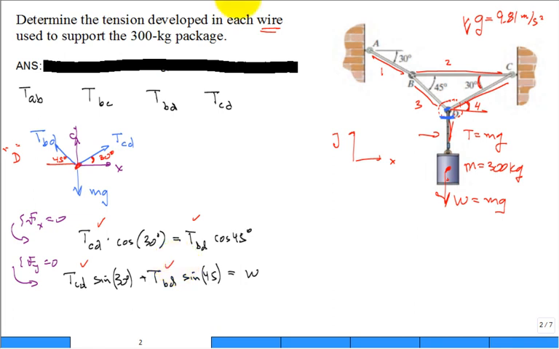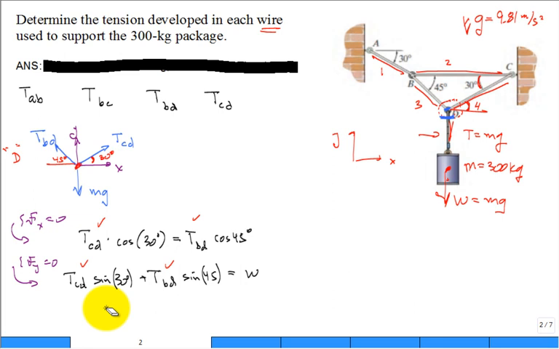Maybe I'd take the first equation and get the tension C to D is equal to blah, blah, blah, and then substitute it into here. And then I would have just one equation with only B to D and then solve for it. I think you can do that. In the interest of time, can I just say that you can do that? Solve for two equations, two unknowns.